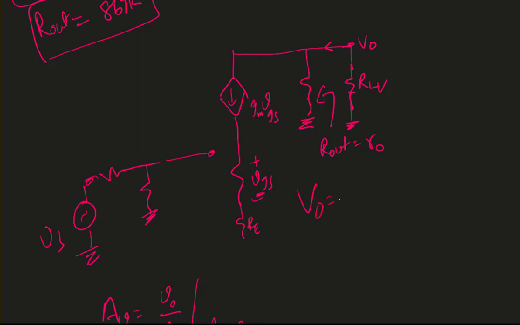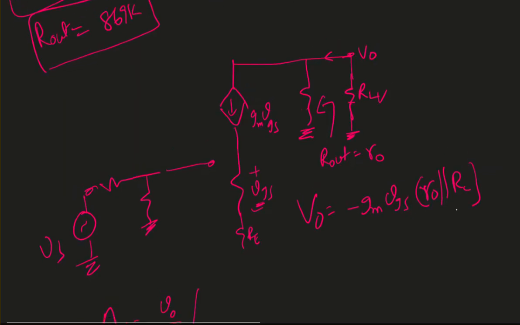I can say my V0 equals minus gm times VGS times R0 parallel with RL. My R0 is a very big number, 869 kilo ohm. RL is only 4 kilo ohm. So if you combine 869 parallel with 4, it is approximately equal to 4 kilo ohm. So for the time being, I'm going to take that as 4 kilo ohm.